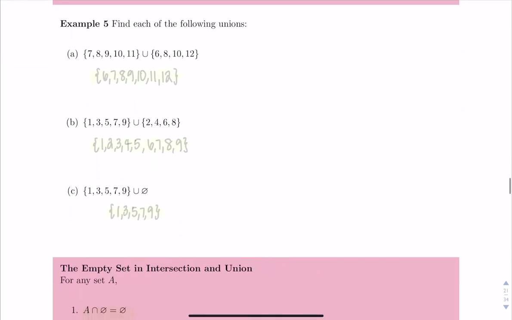So let's find each of the following unions. {7, 8, 9, 10, 11} and {6, 8, 10, 12}. So we want to take everything that is written there and put it into one big set. I'm going to list mine in numerical order. We got 6, 7, 8, 9, 10, 11, and 12.